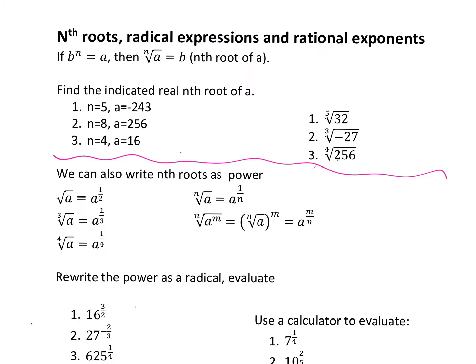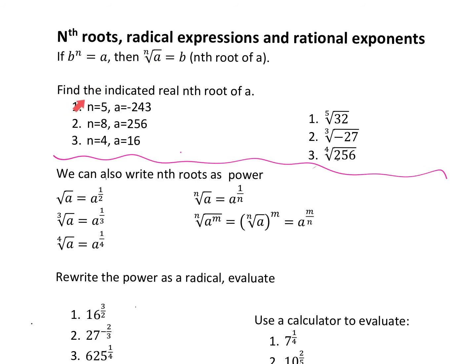Okay, we are looking at nth roots, radical expressions, and rational exponents. So we'll start looking at nth roots. If b to the n power is equal to a, then the nth root of a is equal to b. So the nth root is asking what number to the nth power is a.